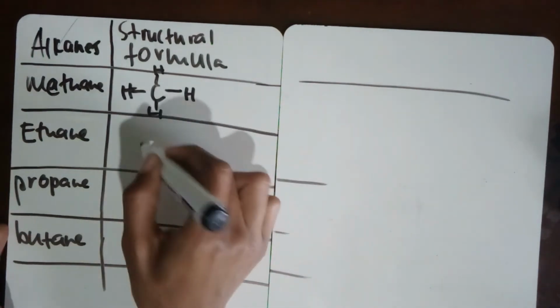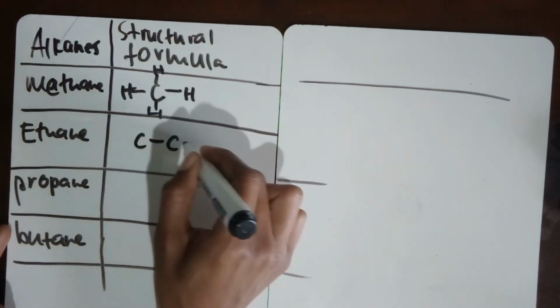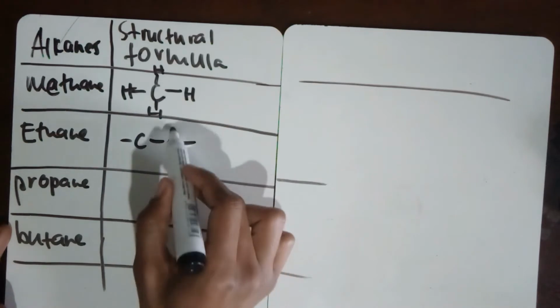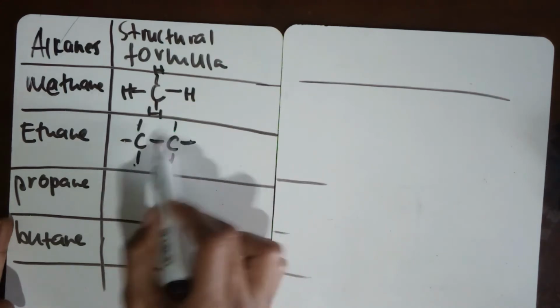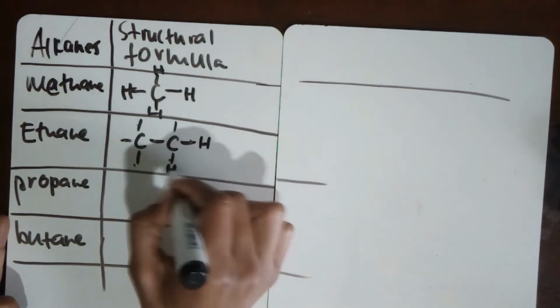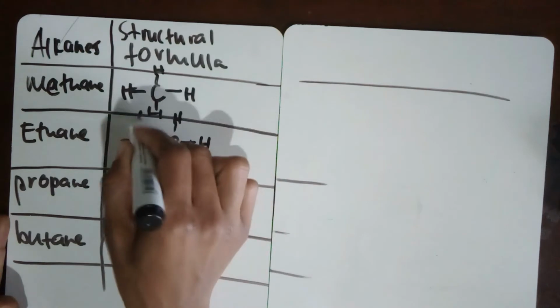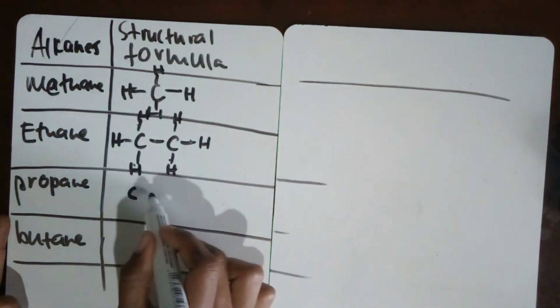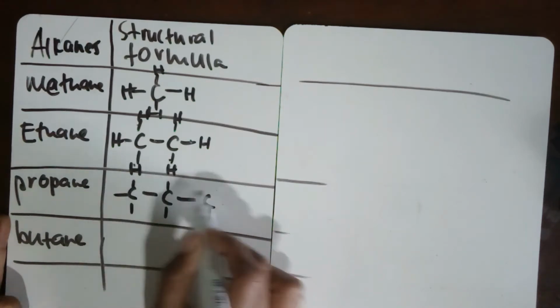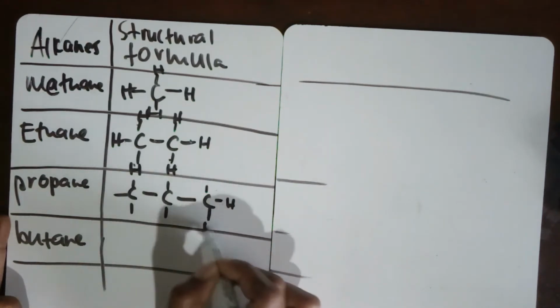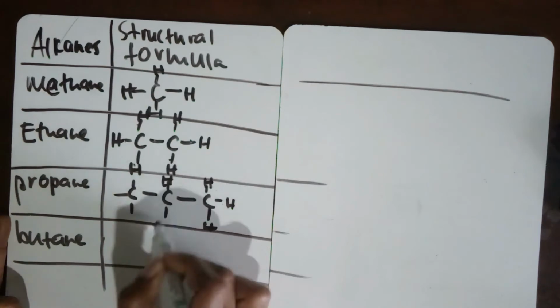You can do the same thing for ethane. So it has 2 carbon atoms. Remember we said that carbon bonds 4 times. So it's 1, 2, 3, 4, 1, 2, 3, 4 for each carbon, and then you just draw your hydrogens there. You can do the same thing for propane, with hydrogen there, hydrogen there, and so on.